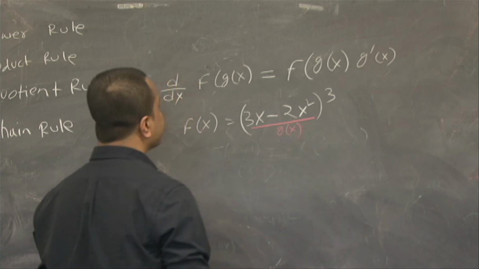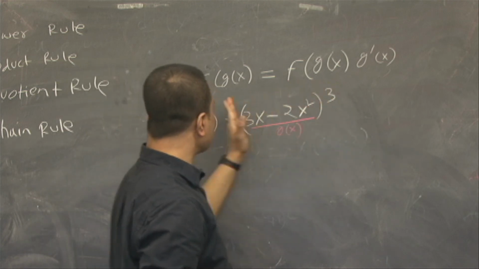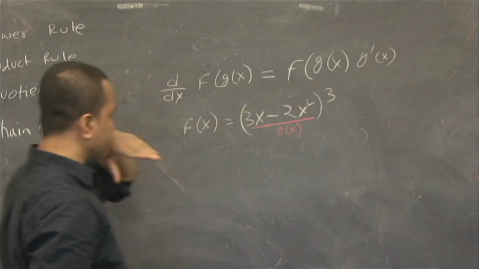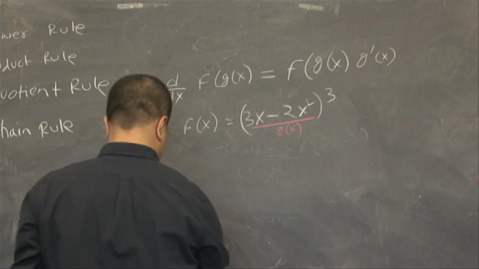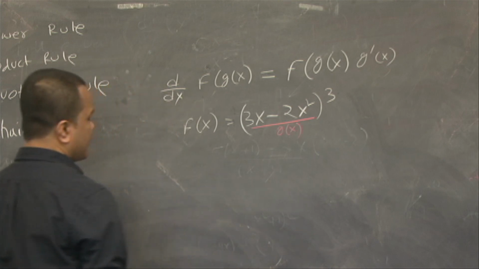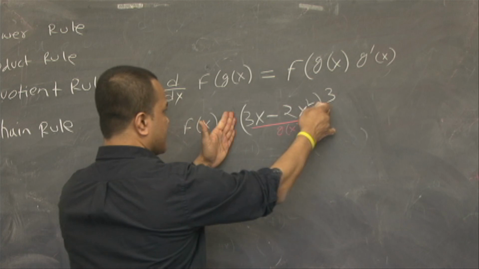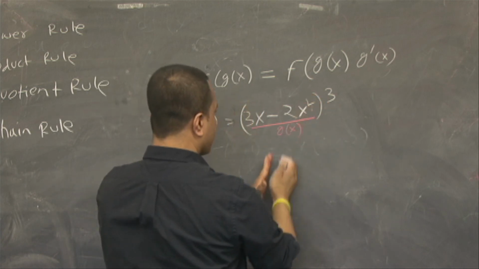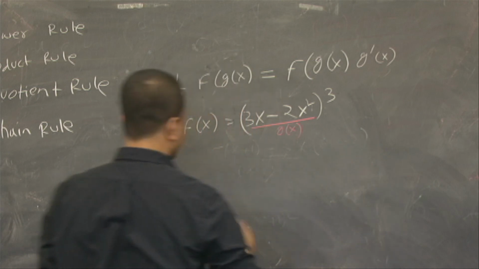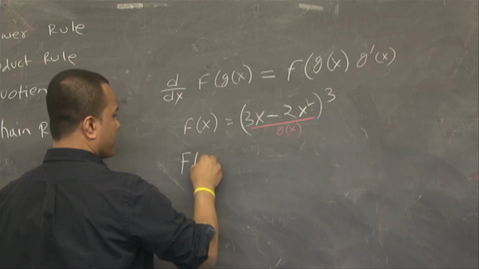And whatever is outside, we can call f. There is another way to understand it. Take the derivative of the outside, treating the inside as a blob, write the blob, and then take the derivative of the inside. Let's write what I mean.